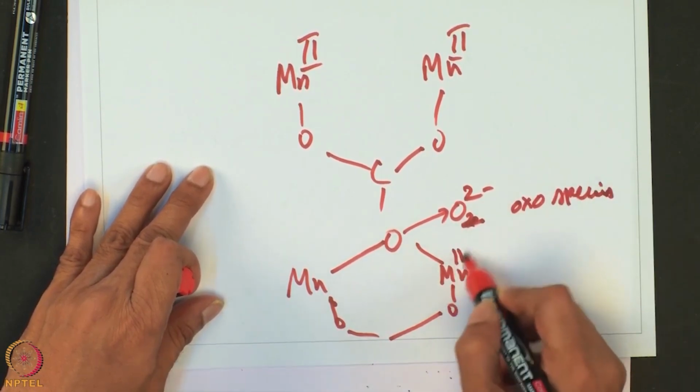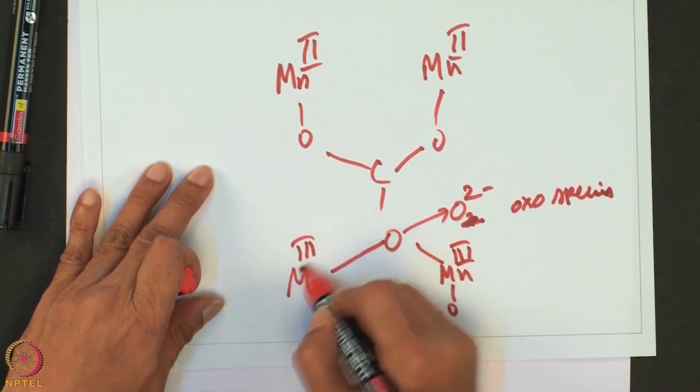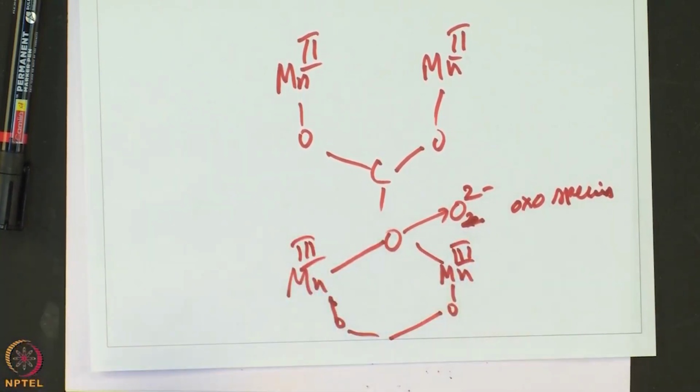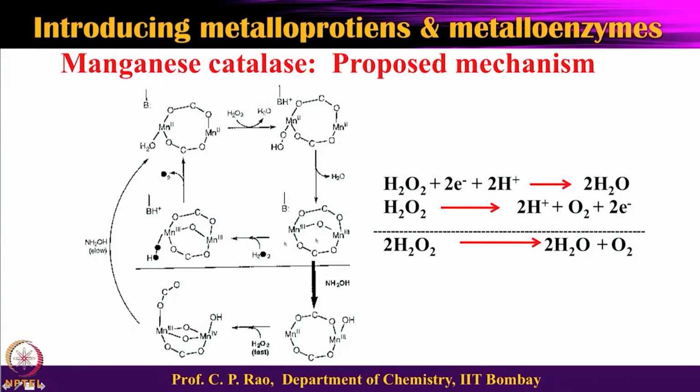This oxo species comes when we have the manganese 3 state, and that is what you see in the structure over here. This bridging will again fall down and go as water. So, in the first step water is coming out, and in the second step O2 is coming out.